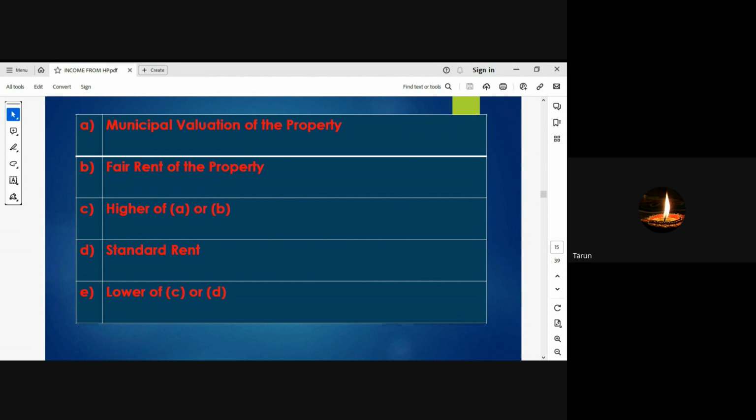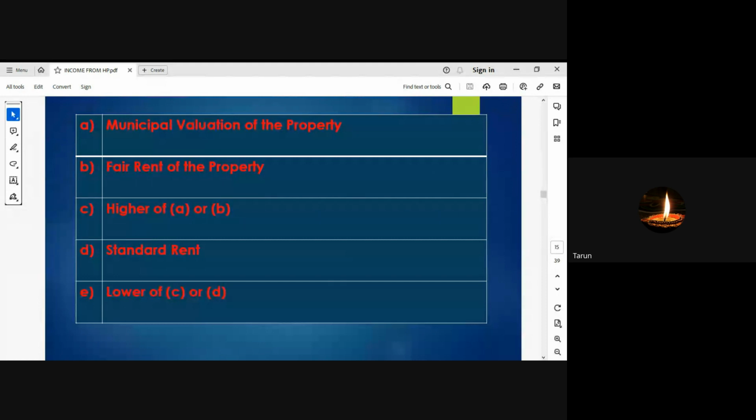the lower value is 1 lakh. So we consider 1 lakh as the expected rent when we compare it to the standard rent, which is the rule to follow. If the expected rent is 2 lakh but the standard rent limit is 1 lakh, the lower value is taken, so 1 lakh would be considered as the expected rent at the end.